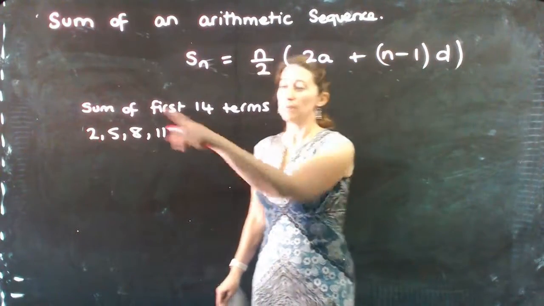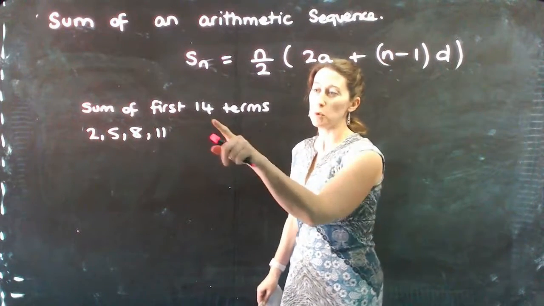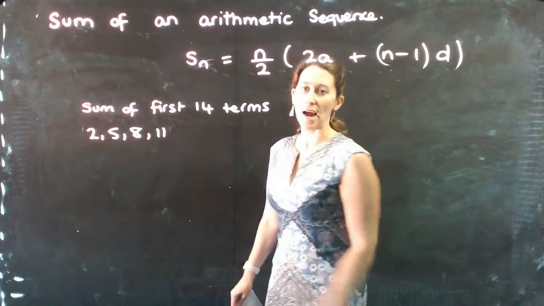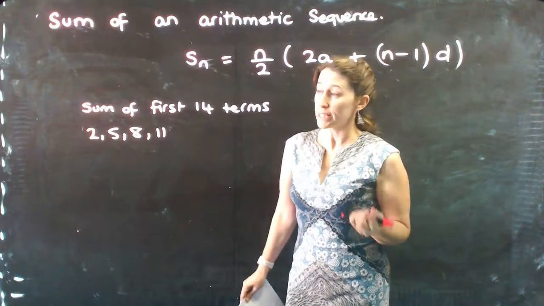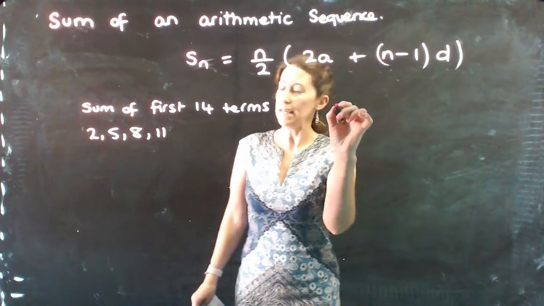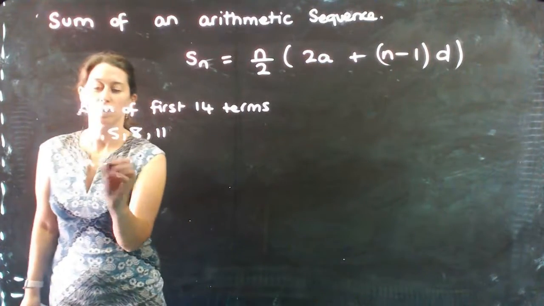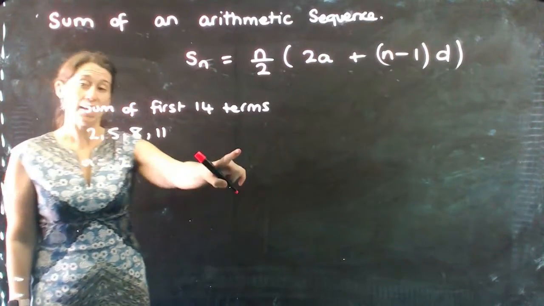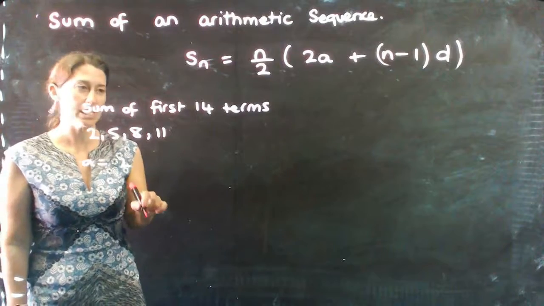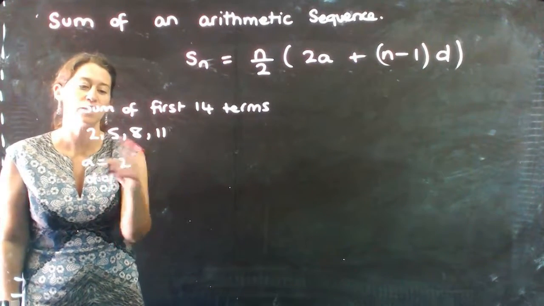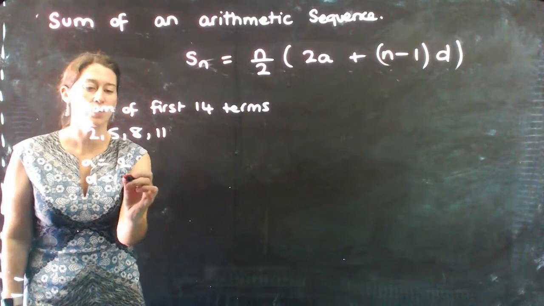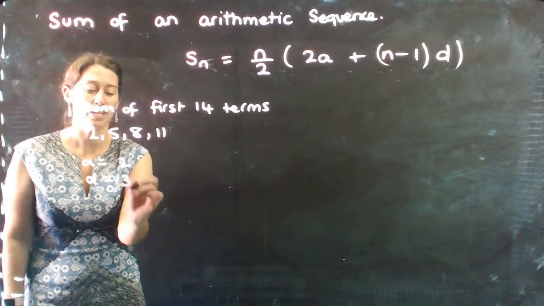So in this example, I'm going to calculate the sum of the first 14 terms of this arithmetic sequence: 2, 5, 8 and 11. So what have we got? We've got a equals 2. It's the first term. We don't have the last term for the first 14 terms, but we do have the common difference. We can identify that each of these numbers in the sequence is going up by 3.